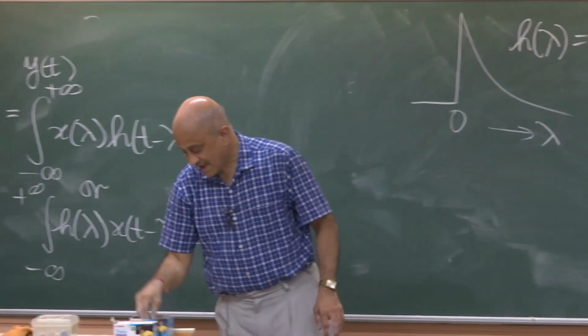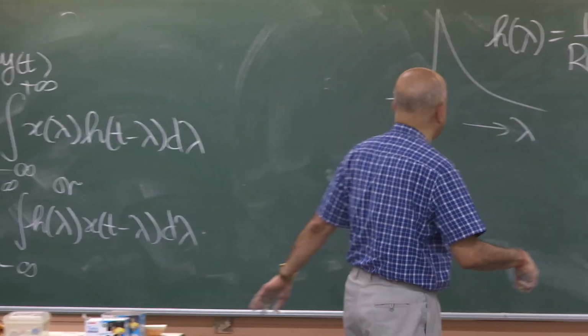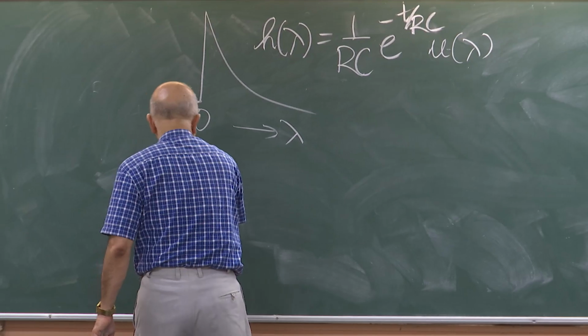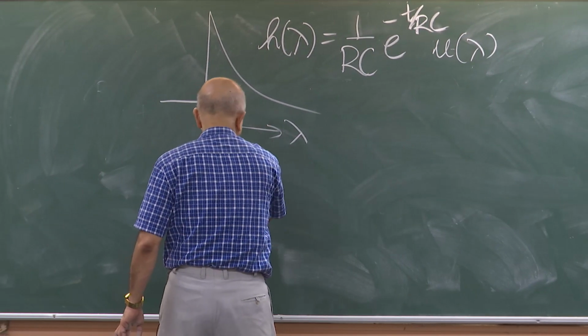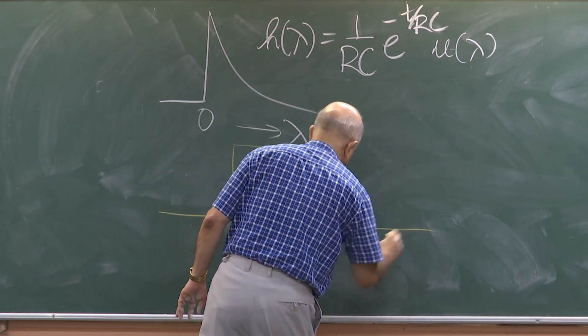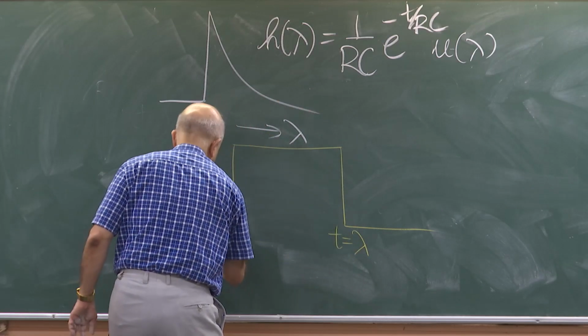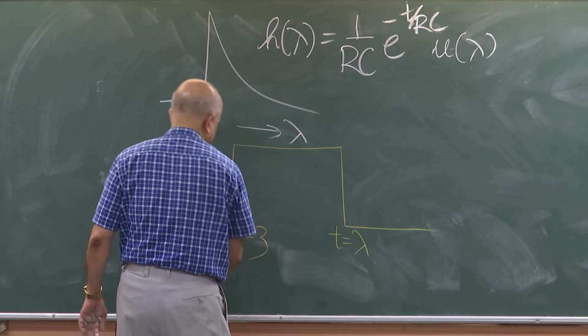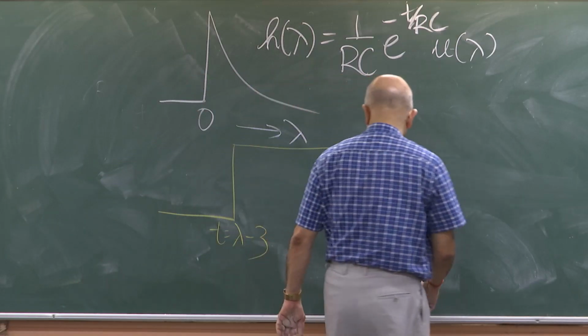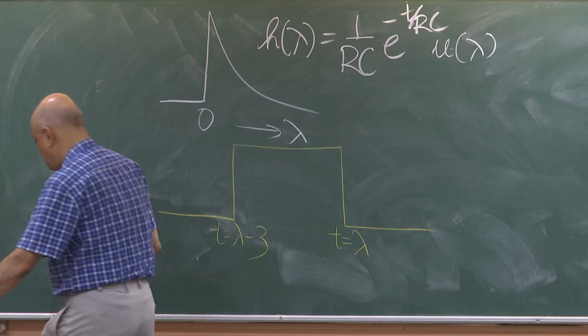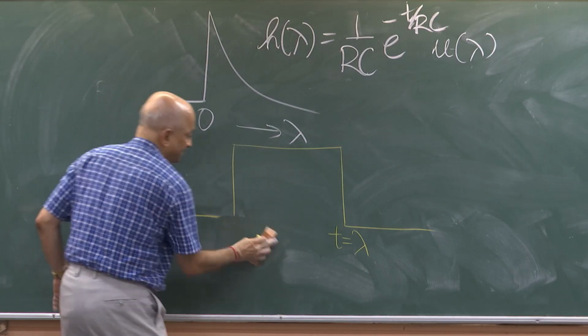And how does x of t minus lambda look? X of t minus lambda looks like this. I'm sorry, it should be the other way around.